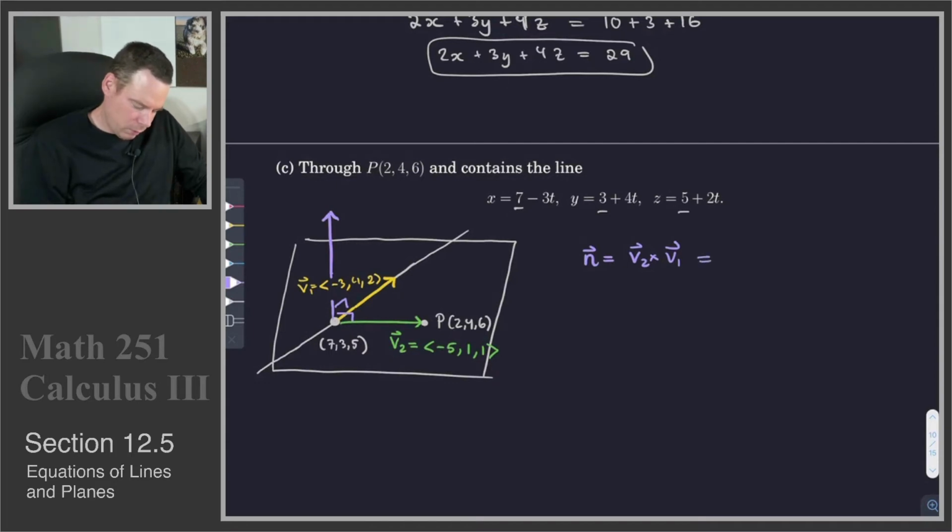What is v2 cross v1? Well, v2 is negative 5, 1, 1 cross v1, negative 3, 4, 2. Go ahead and do the cross product. I'll just bring the numbers from the second vector down below so that I can use our memory aid. So for the first component, I cross out the first components of the 2 vectors, and I go 1 times 2 minus 1 times 4. So 2 minus 4, or negative 2.